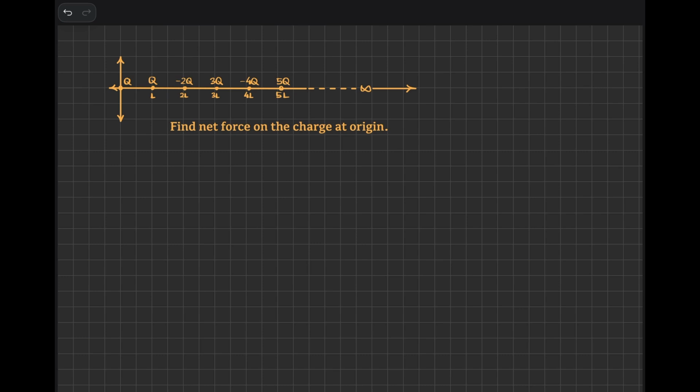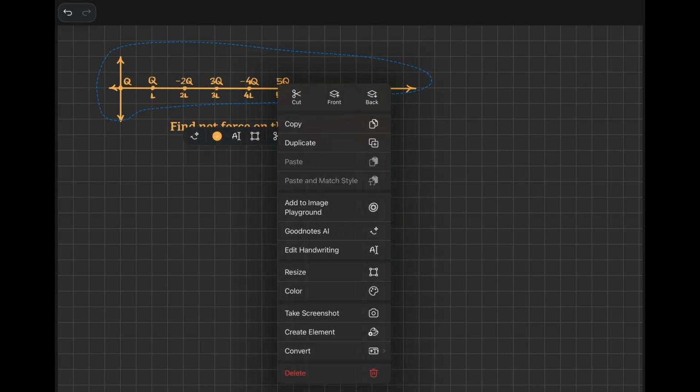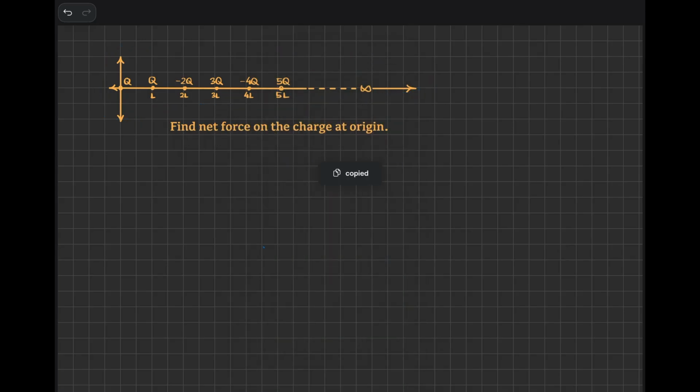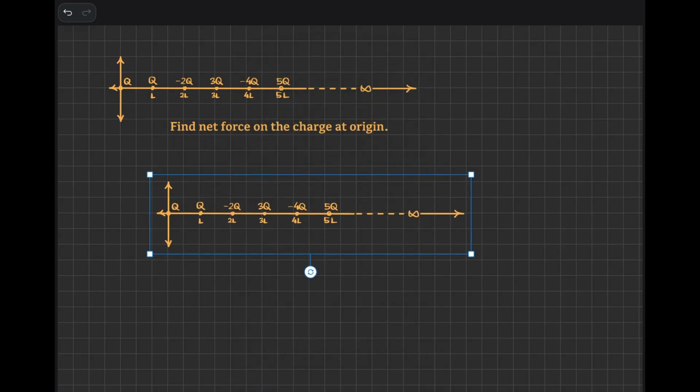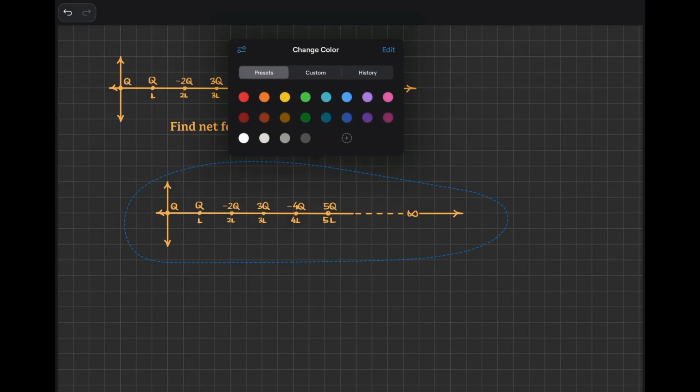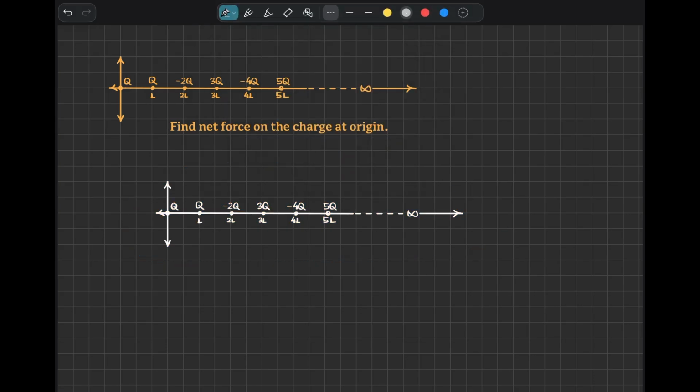So now to solve this, let's copy the diagram and we'll see the pattern. Let's say we look at the force of interaction between the first two charges.